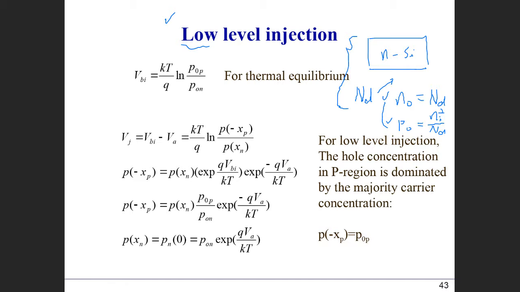So at thermal equilibrium, as you know, the majority carrier concentration and minority carrier concentration can be calculated from the doping. Now, when you talk about the low-level injection condition, you have a majority carrier and a minority carrier concentration.